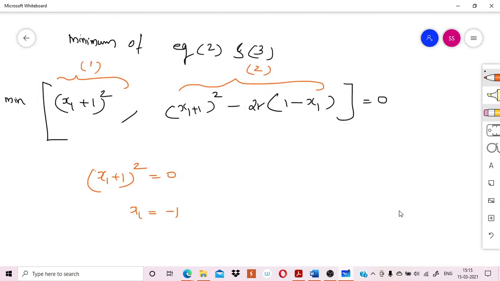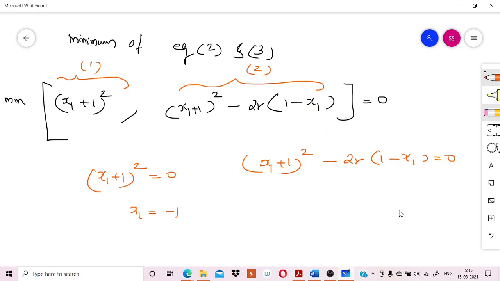So in that case, you have to consider the second term, that means x1 plus 1 whole square minus 2r into 1 minus x1 is equal to 0. So you have to consider this, right? If you consider this, then you have to solve for x1.